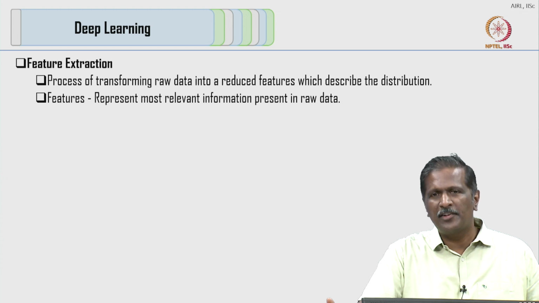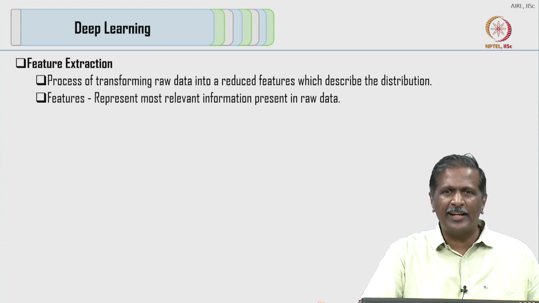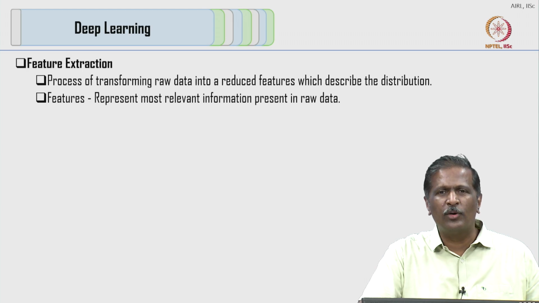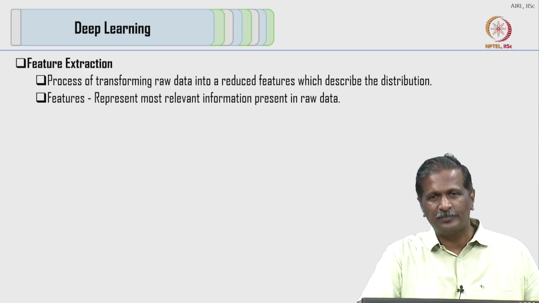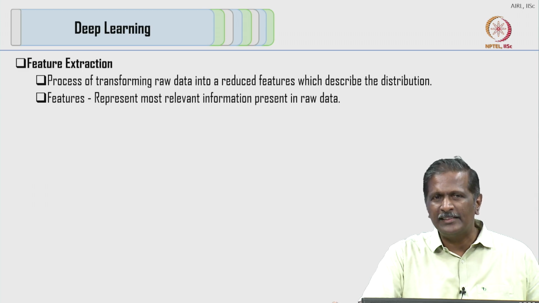But the moment I say a train, I am looking at more wheels. A car can go on a road, whereas a train can go on a particular structure of the road, which is what we call a rail. More windows, more compartments, the length is longer, right? So you see, I am trying to extract certain features. This is what I mean, these abstract features help me to represent the data much better.